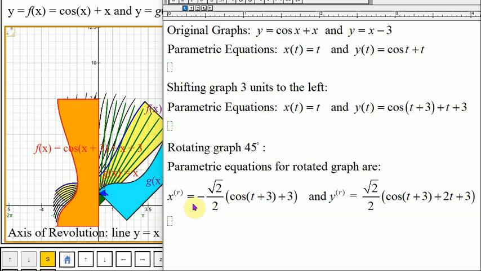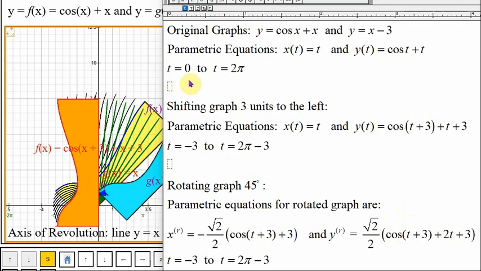And then the rotated, this last graph right here, the parametric equations are x equal to negative square root of 2 over 2 cosine of t plus 3 plus 3. And then y rotated would be the square root of 2 over 2 cosine of t plus 3 plus 2t plus 3.